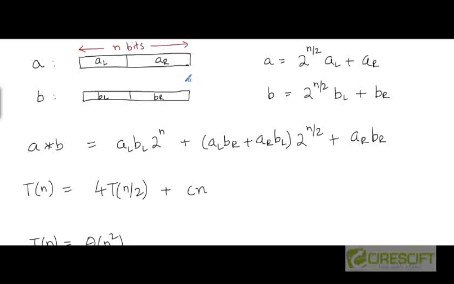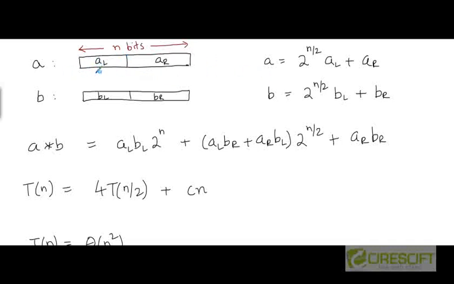Now we want to divide the problem that we are given into smaller pieces such that we can just hand over those smaller pieces to our friend to solve, and then once we get the result from him, we can combine the results to generate the solution to the original problem. That is why we have divided a and b into two halves over here. So let's see how we can divide this problem into sub-problems.